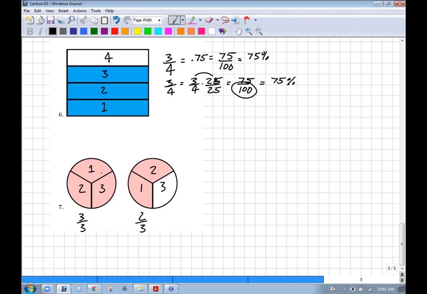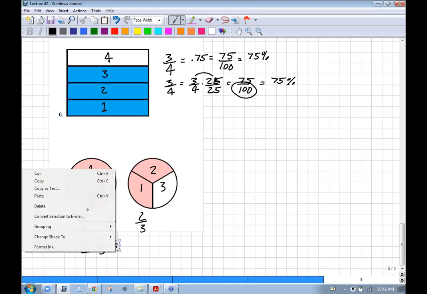If we want to add these together, 3 out of 3 is 1, and then 1 2/3. Because 1 2/3 is not the same thing as 5 out of 6. 5 out of 6 is less than 1. So what we're really looking at is 1 whole one and 2/3 of another one.